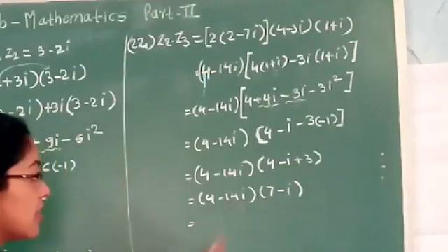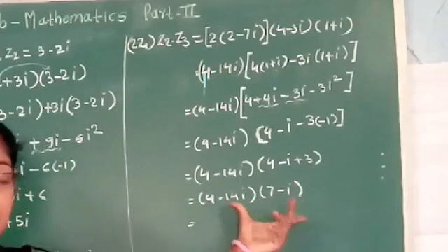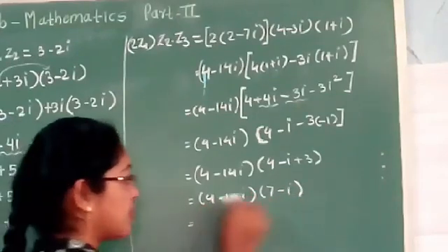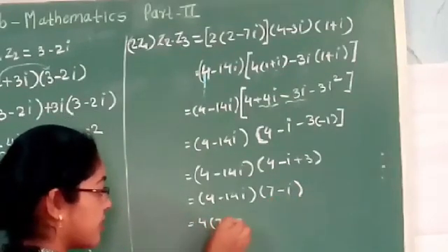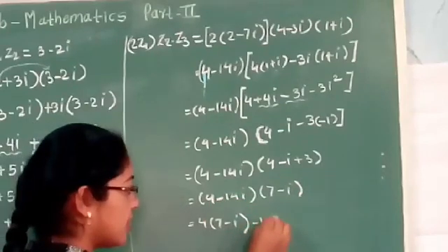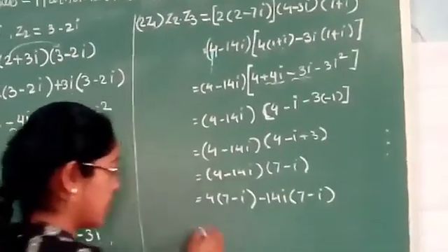Now we take another multiplication of these two complex numbers. 4 multiplies the whole bracket 7 minus i, and minus 14i into 7 minus i.